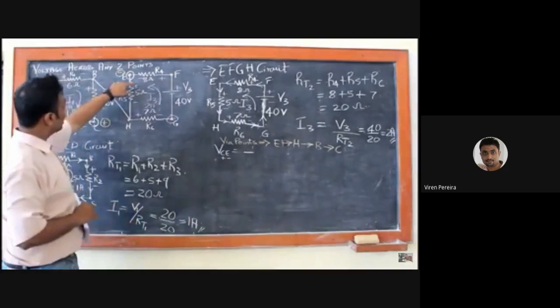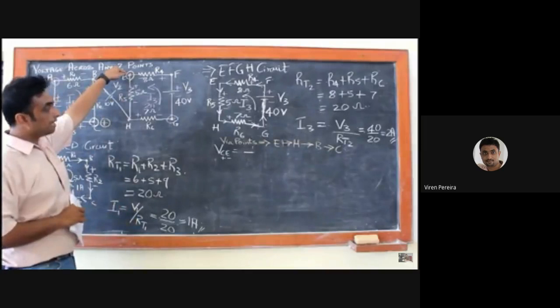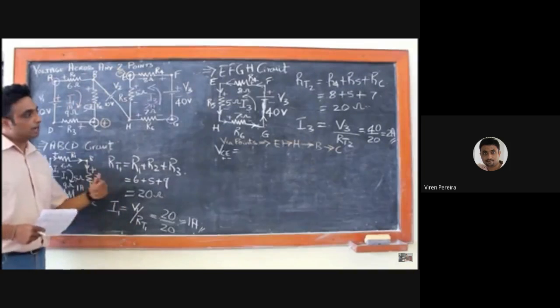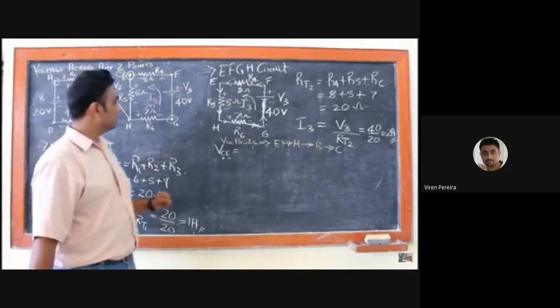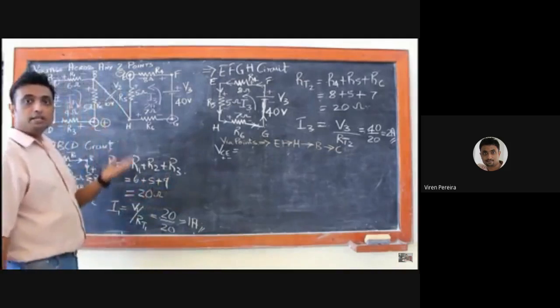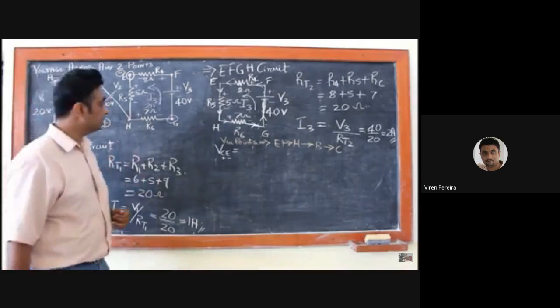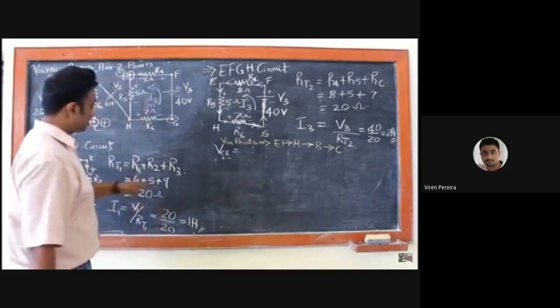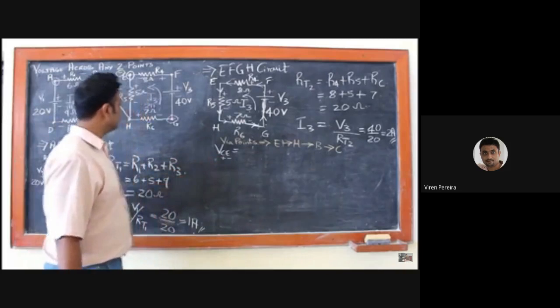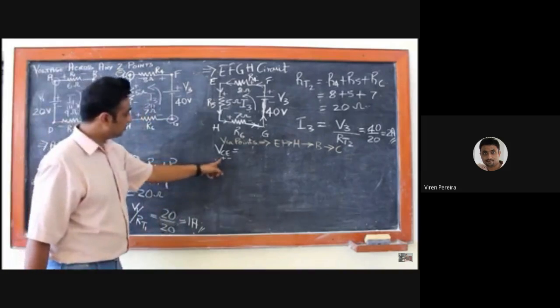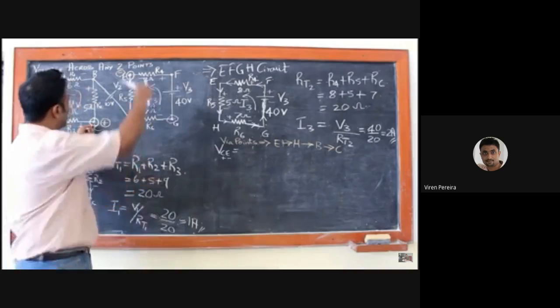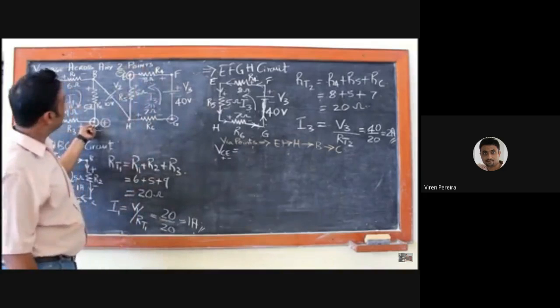Okay. Now you have to use the same KVL logic. According to KVL, the number of voltage sources in a loop equals the number of voltage drops in that particular loop. So if we want to find out the voltage across VC, now C is the positive terminal of the multimeter and E is the negative terminal of the multimeter.